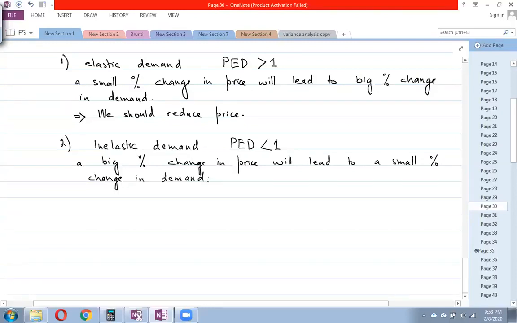You'll change the price a lot, but the effect on the demand will be less. In this situation, we should not reduce the price. We better increase the price.